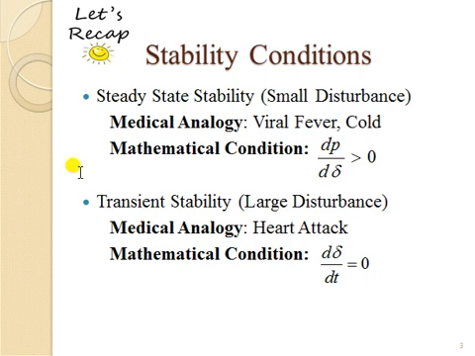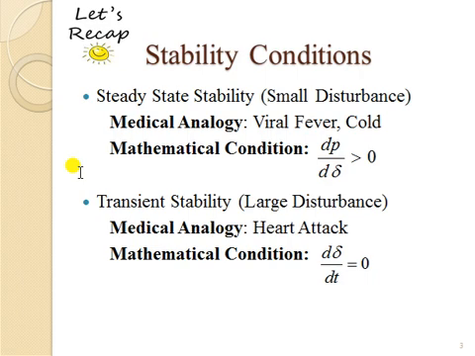We can have a medicine, we need not immediately visit a doctor, and our body can re-heal, our body can regain its original position even after small actions. Similarly, whenever the system has some small disturbance, and after that small disturbance the system regains its original position, it is called steady state stability.